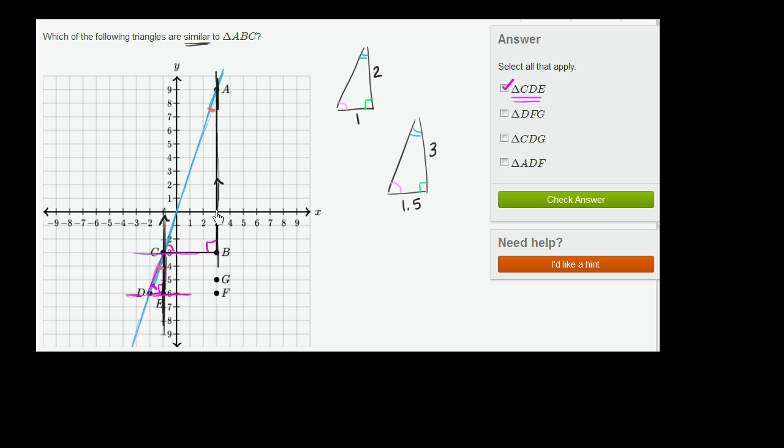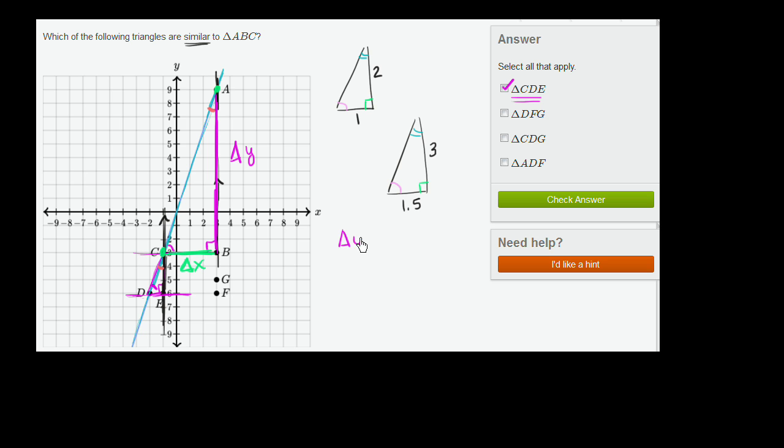Now, I went through that fairly long-winded geometry way of thinking about it, but there's an easier way. Anytime you have a line and you construct a right triangle where the base is essentially your change in x between these two points, going from point C to point A, this is our change in x, and then you have a change in y. The ratio between these two sides is always going to be the same.